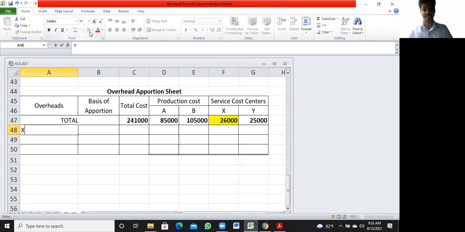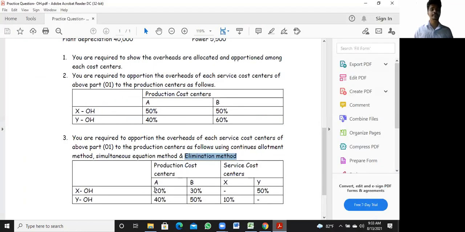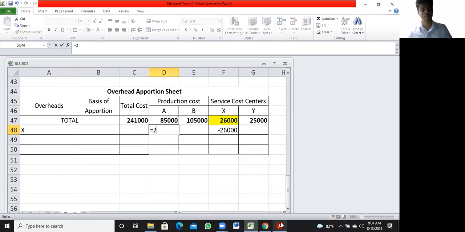Let's distribute x. Here we need to deduct 26,000, and x is distributed 20%, 30%, 50%. So 26,000 into 20%, 26,000 into 30%, and 26,000 into 50%.